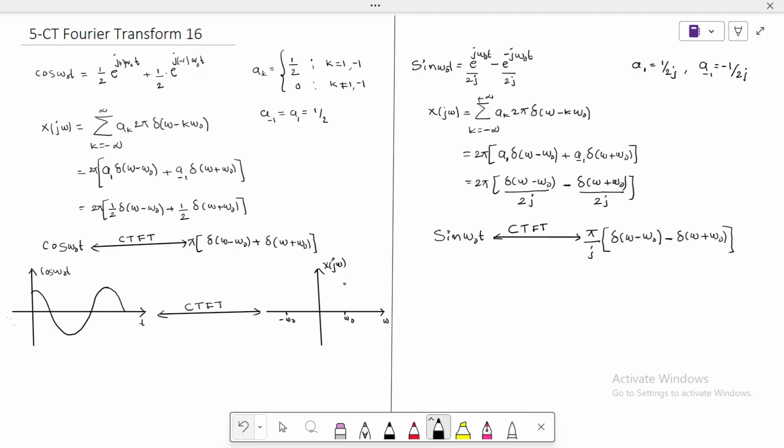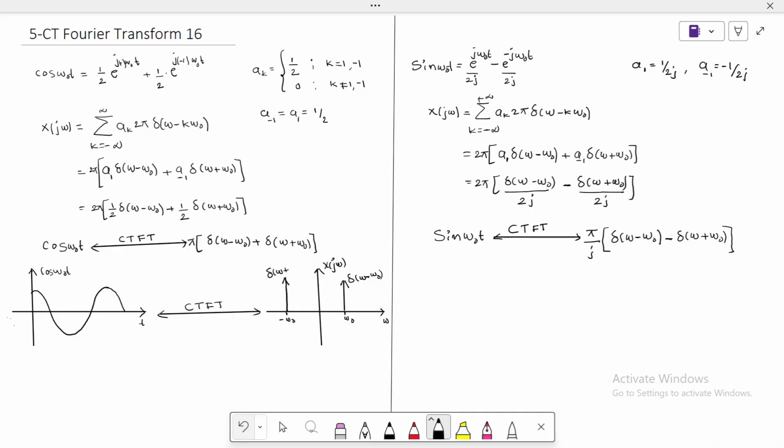So this is delta of omega minus omega naught, and it also has a positive magnitude.